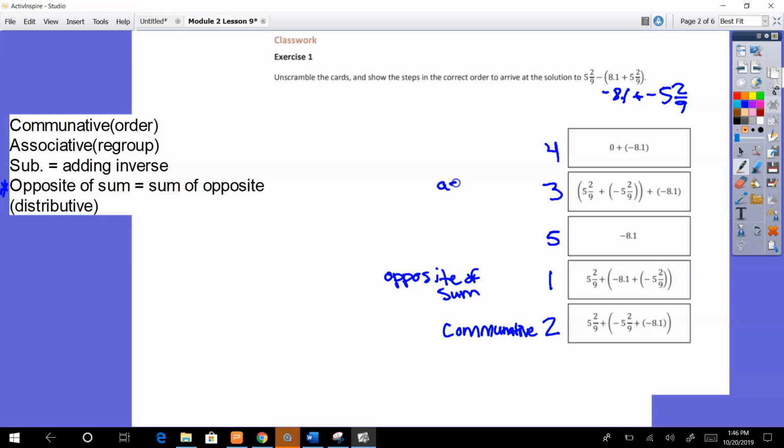And so this is the associative. There actually is a property that says when you add 0 plus a number, you get that number, I think called the zero property. And these were additive inverses, which is how you got 0.